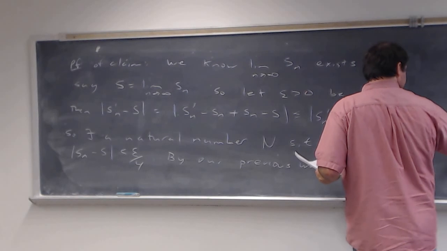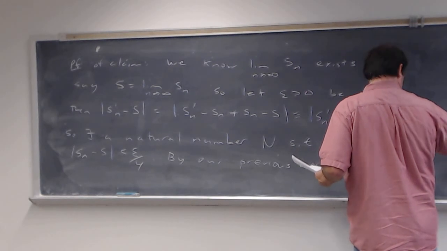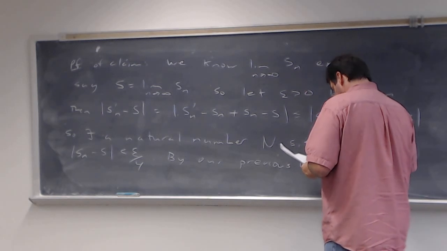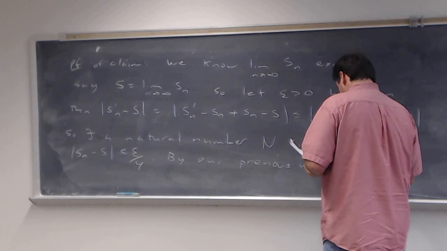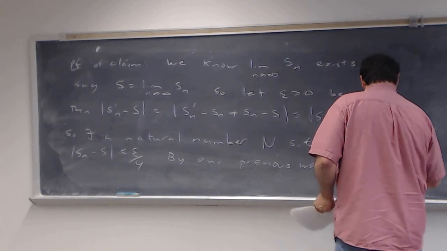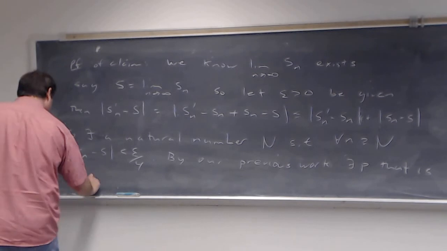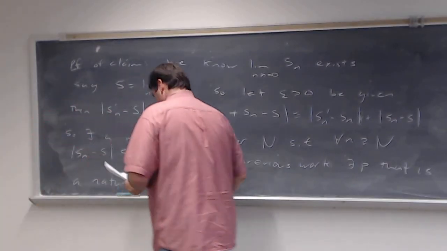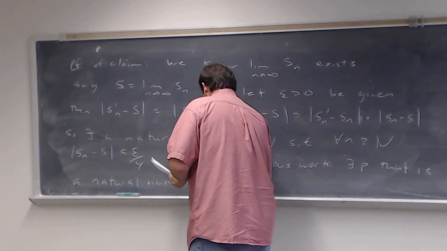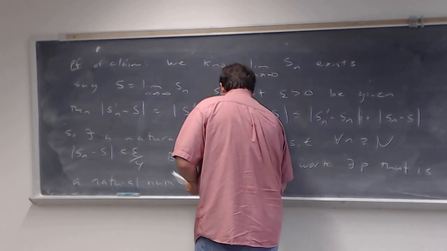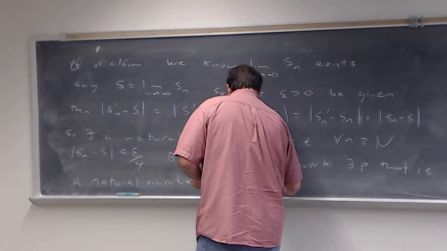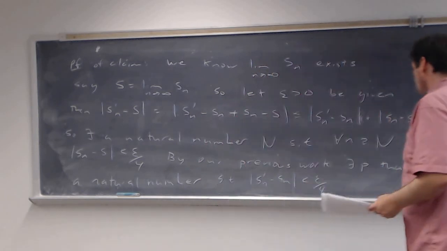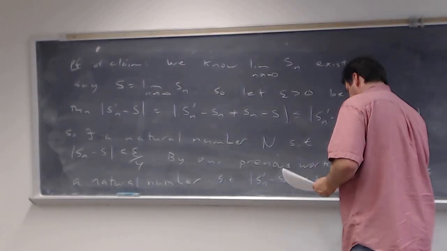We got some spot such that beyond that spot, we get the following. There exists a p that's a natural number such that the norm of S of n prime minus S of n will be less than epsilon over 4. And that's true for all n bigger than or equal to p.